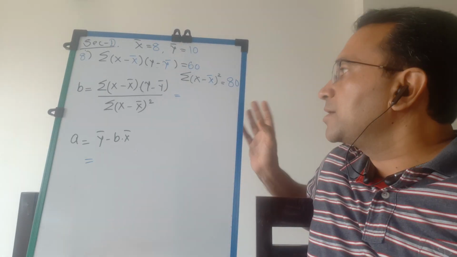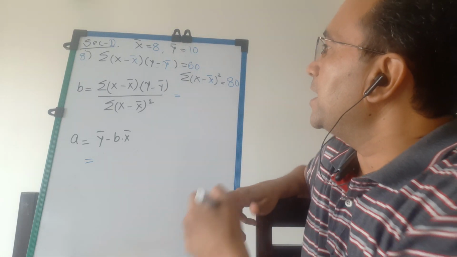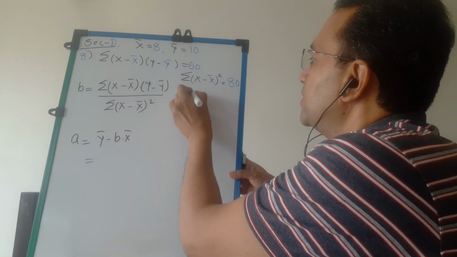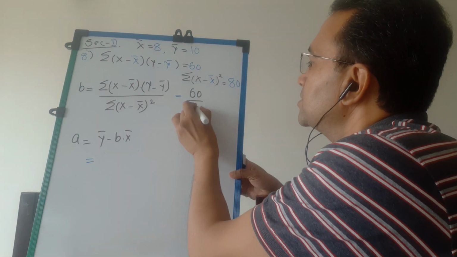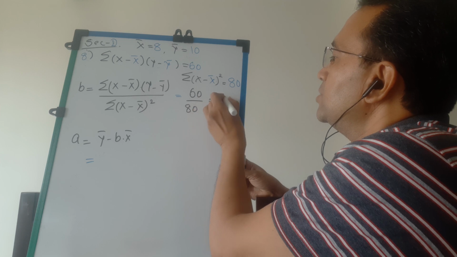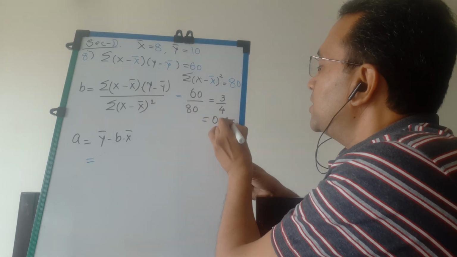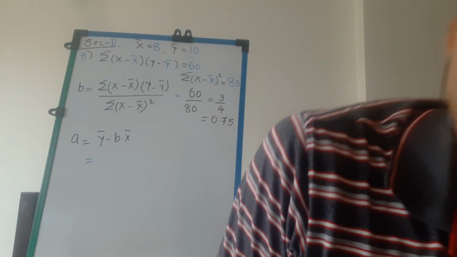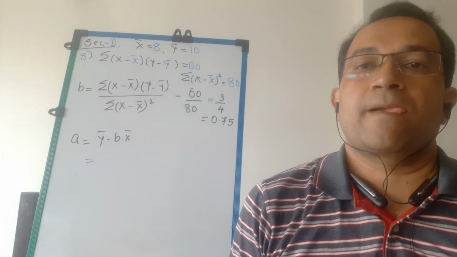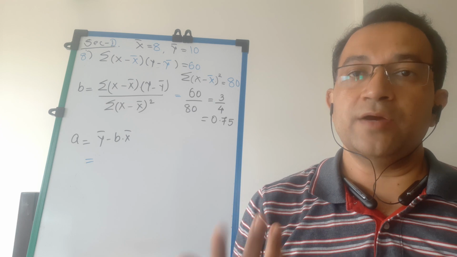So, students, check. Sigma (x minus x bar) into (y minus y bar) is 60 upon 80. So this answer is 3/4, and that is 0.75. Now we have got b.